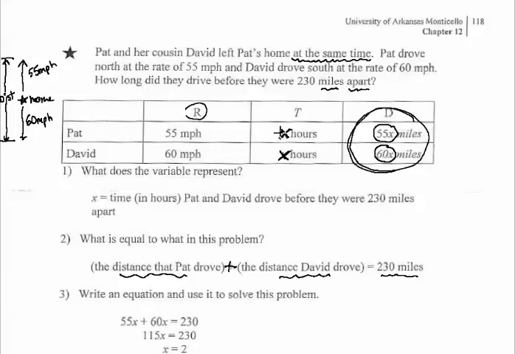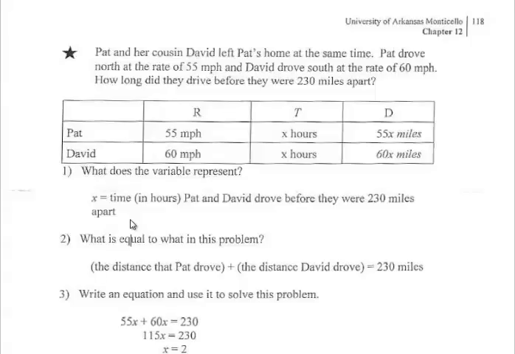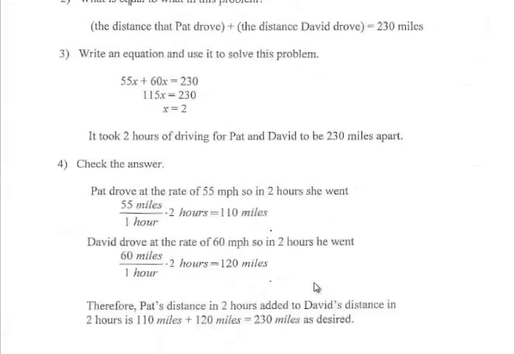Okay, so step 3, we write out our equation, replacing distance of Pat and distance of David with 55X and 60X. We get our X by itself, and there we have the answer.